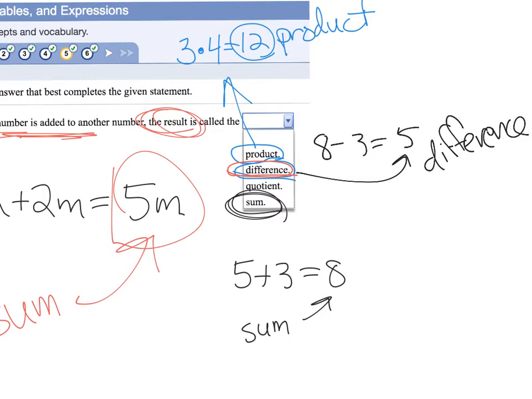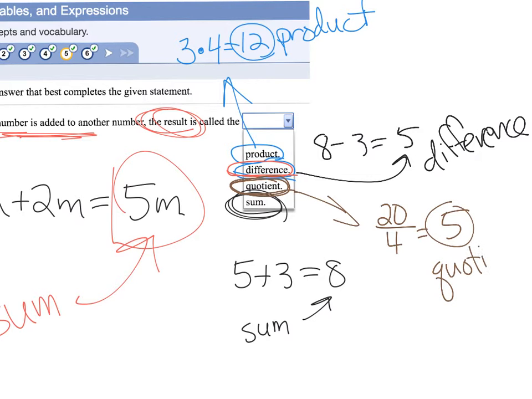Quotient means division. So if we were to do 20 divided by 4, we would get 5. And 5, in this case, is the quotient. And that wraps up all of those different little words.